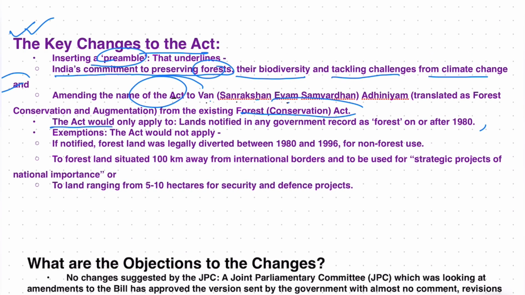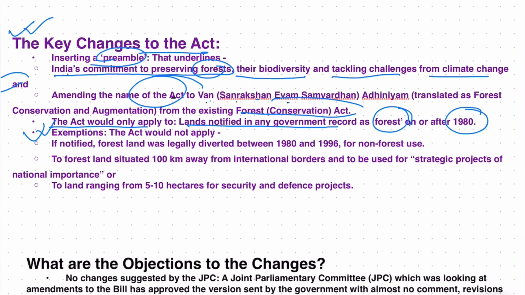This Act would only apply to lands notified in government records as forest on or after 1980. And there are some exemptions. Notified forest land that was legally diverted between 1980 and 1996 for non-forest use will be exempted from the Act.